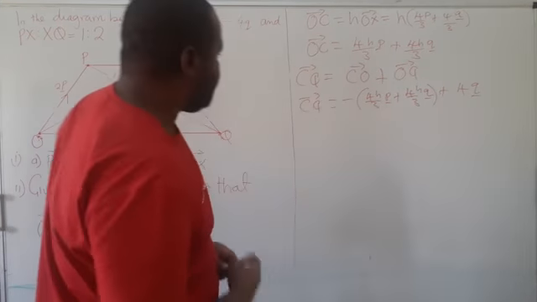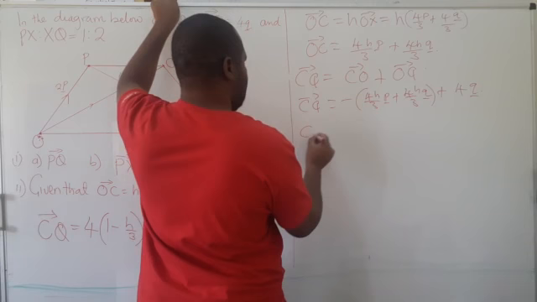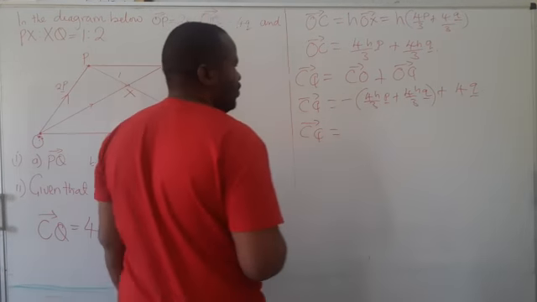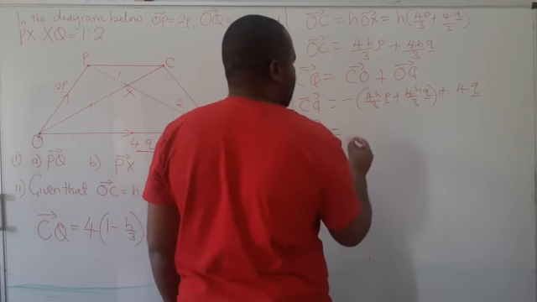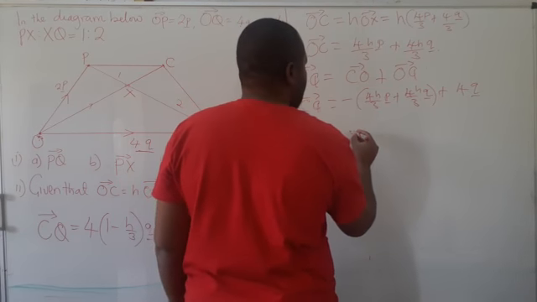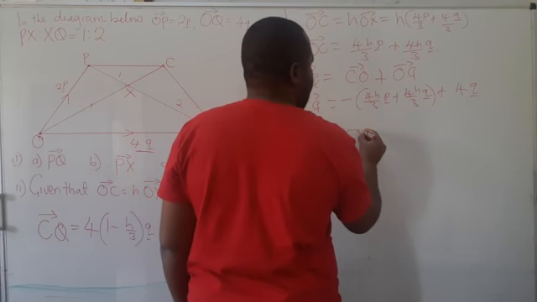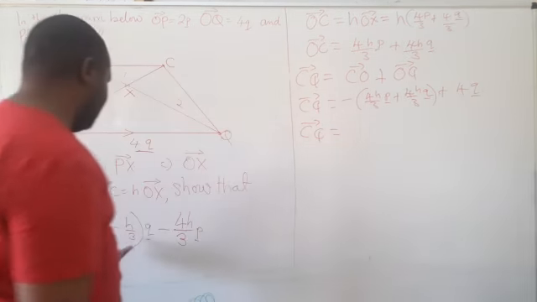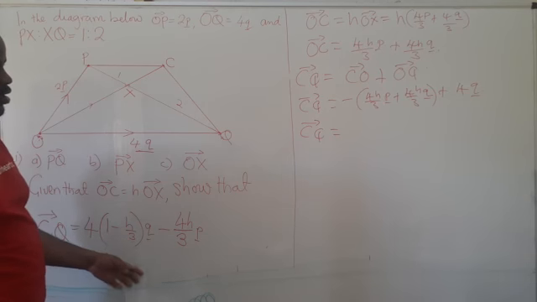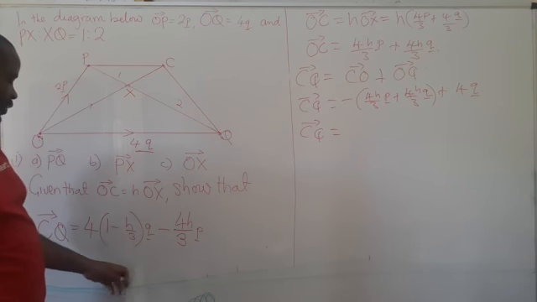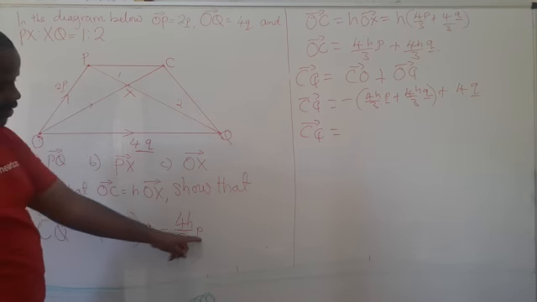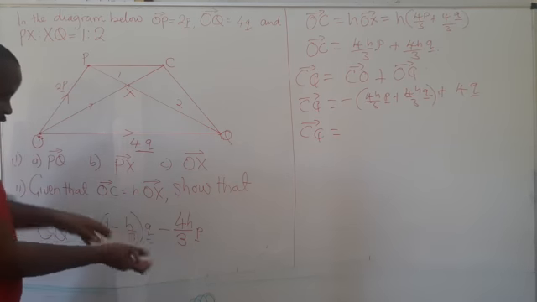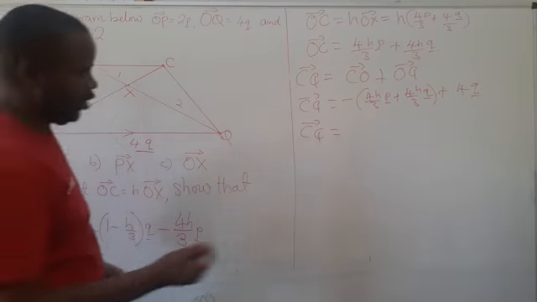Okay, so we are saying CQ is equal to, we distribute now. Distribute that. So as you calculate, you must look at what we are dealing with here. Alright? That this, the one with a P here, should be at the end with a negative. Okay, it's always important that you give out what we are supposed to do. Take note.